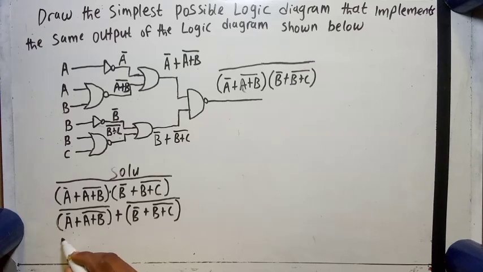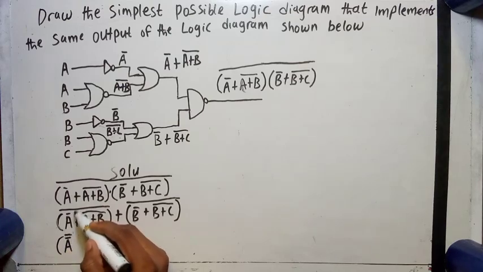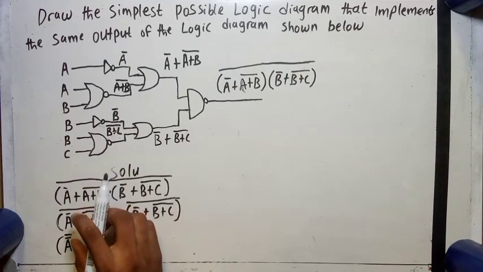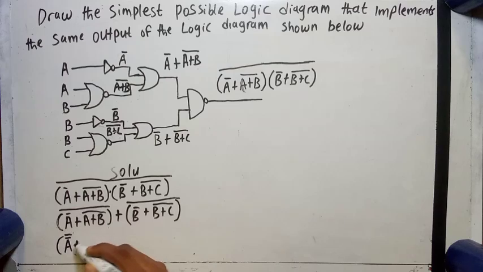When we do that, we have A bar bar. We want to split this in between them. A bar bar, not plus again, it's going to be multiplied, times our A plus B bar bar.